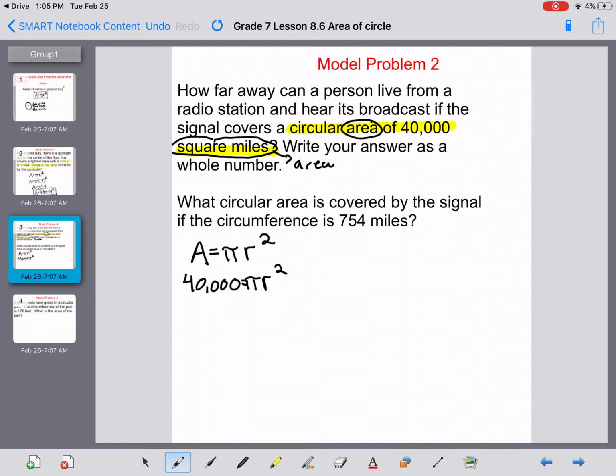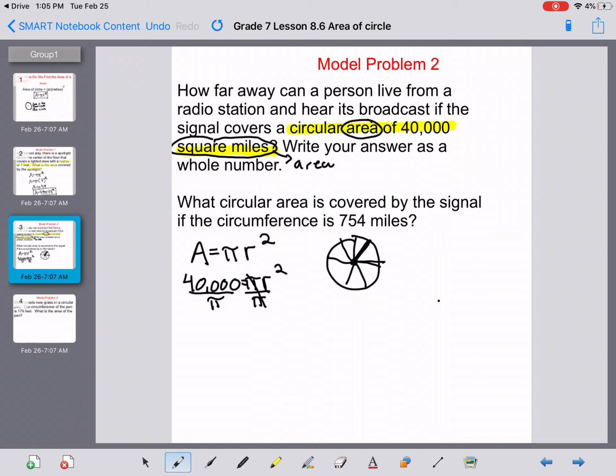Now I need to find the radius because I need to find out how far someone can live from the radio station. If this is my tower from the radio station, people can live anywhere in this circular area. And the distance from this radio station is the radius. So I'm going to divide both sides by pi.